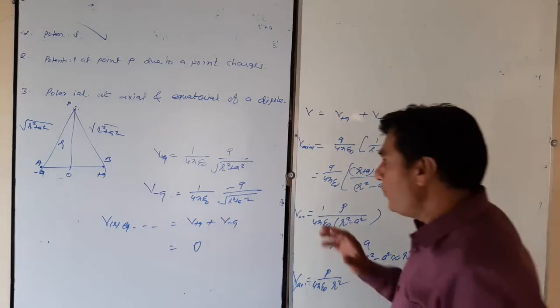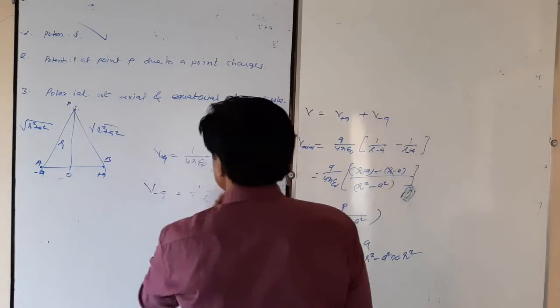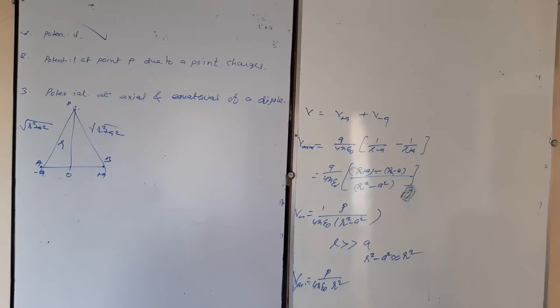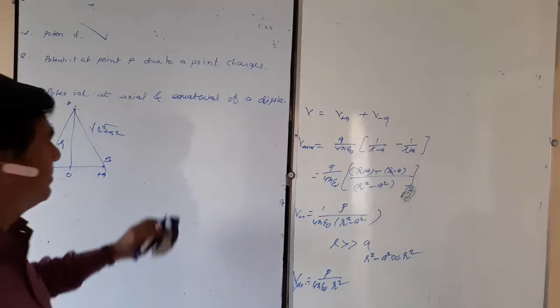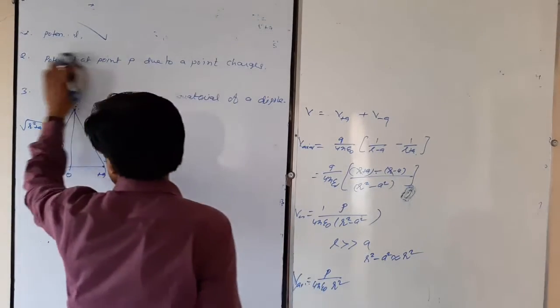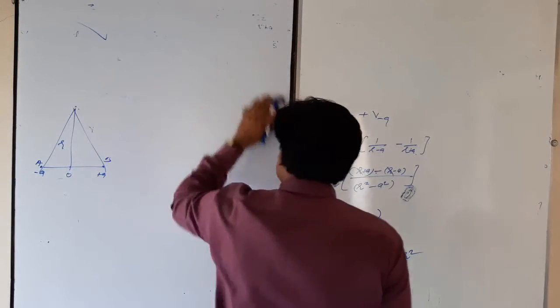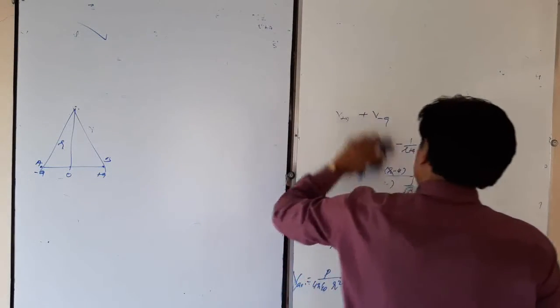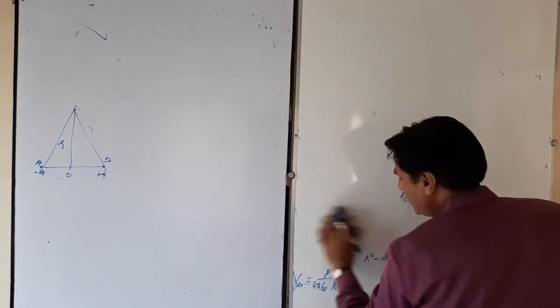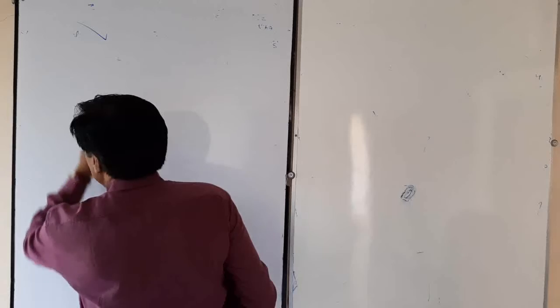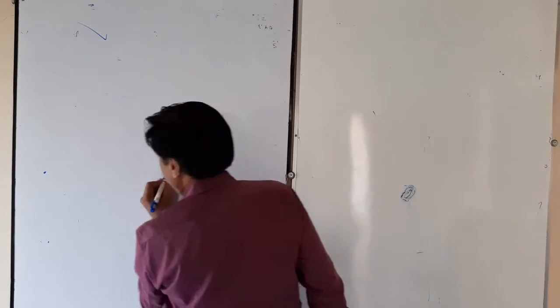Now, here we have taken two standard positions, equatorial and axial, but in your NCERT you can calculate without equatorial or axial position. You can take your point at a general position.